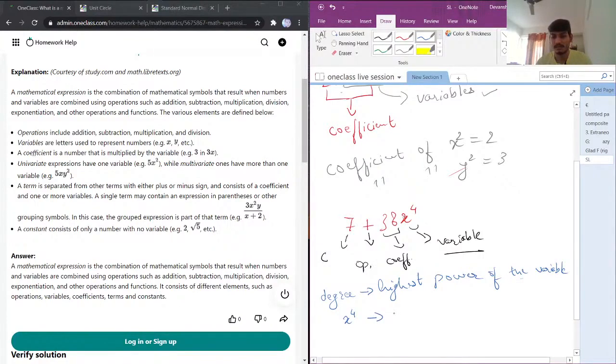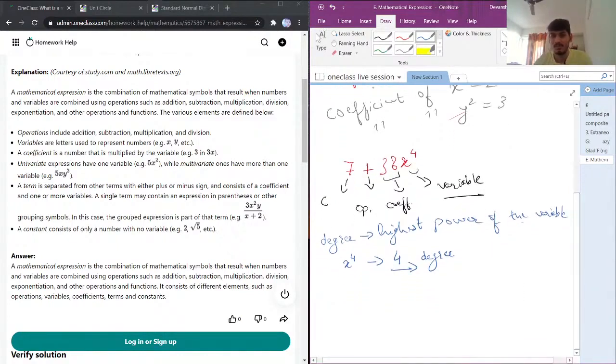So highest power is 4, and 4 is my degree. This is just for extra knowledge: if someone asks what is the degree of this expression, you can just look at it and find the highest power of the variable, and that is going to be the degree of the expression.